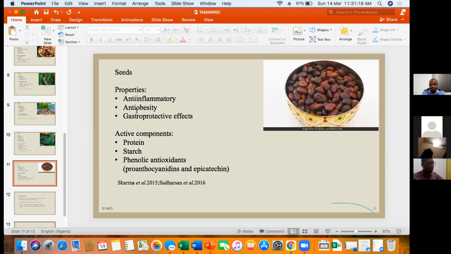And two, the anti-inflammatory. Are you talking about low-grade inflammation? When we're talking about low-grade inflammation, we are talking about chronic conditions. Are you talking about the normal inflammatory response?